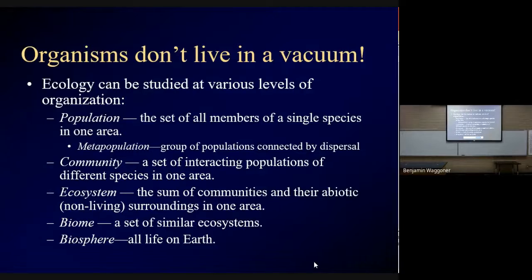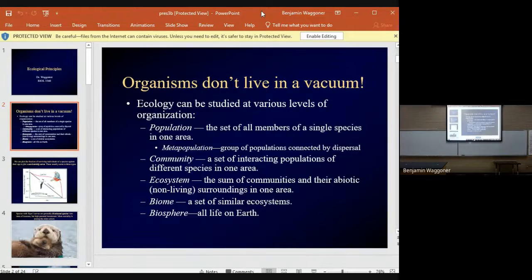All members of a single species in one area make up a population. Sometimes it's useful to talk about meta-populations, which would be a group of populations connected by dispersal.